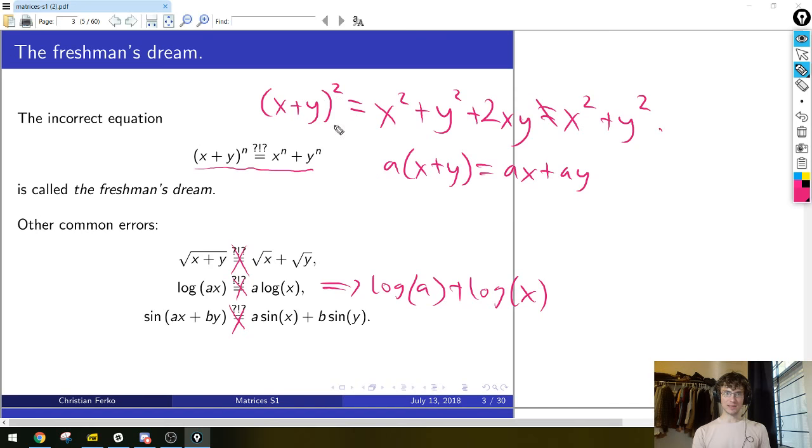So the moral of the story is that although all of these equations are false, you can see why someone might apply this wishful thinking. Because if you have a function where you can distribute the function across addition or multiplication by a, it makes life much easier. It would be a lot easier to simplify expressions involving that function if you could do that. It's just usually not true.